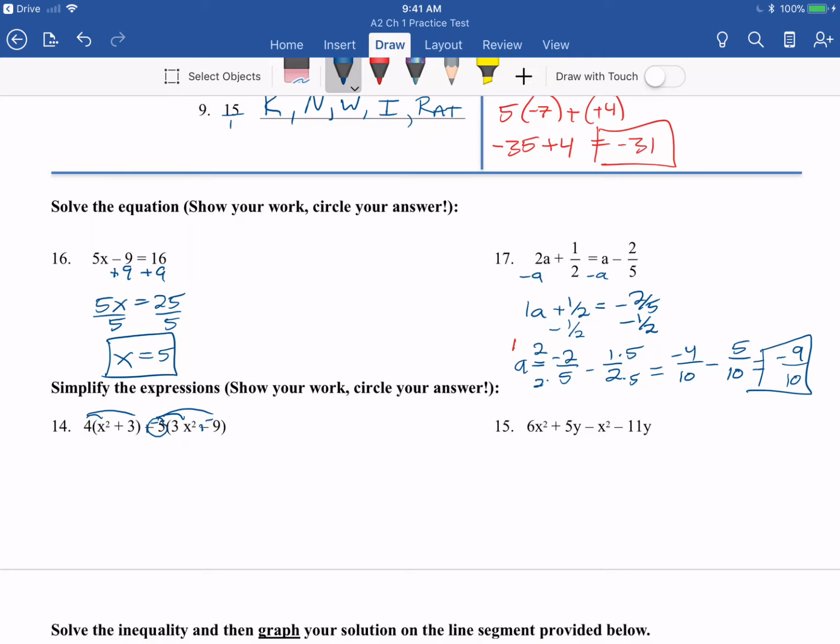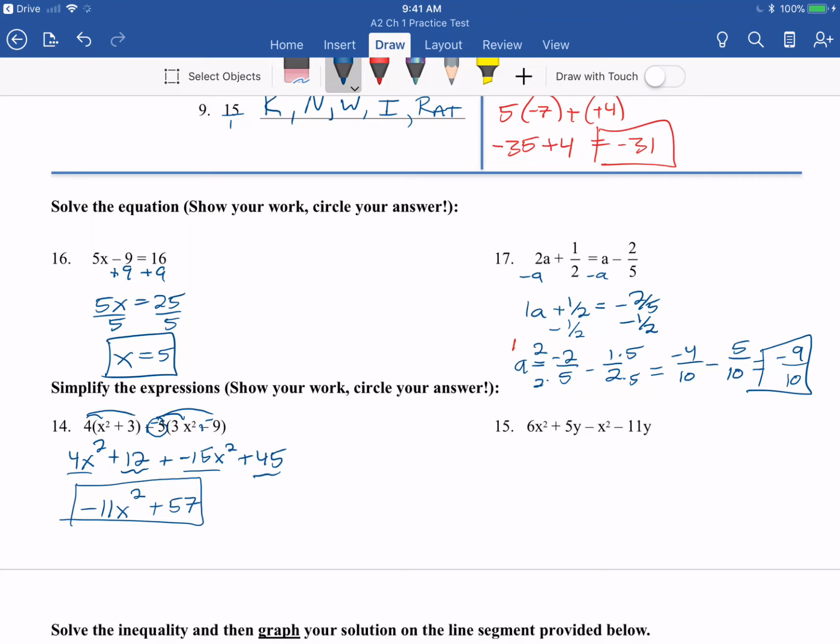So now I have 4x squared plus 4 times 3 is 12 plus negative 5 times 3x squared is negative 15x squared, and negative 5 times negative 9 is plus 45. Okay, so now I can just combine some like terms here. 4x squared and negative 15x squared is negative 11x squared, and 12 and 45 is going to be 57. All right, so that is my answer there. There's no solving, it's just an expression that we have to simplify.